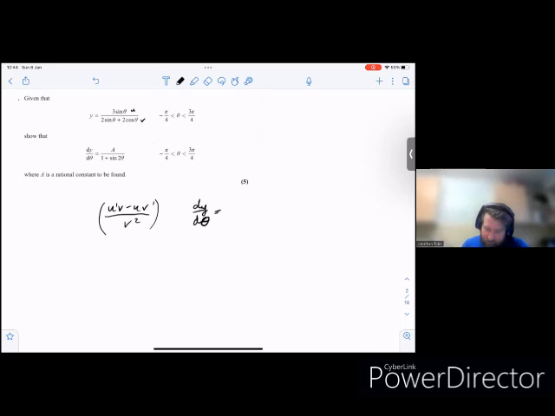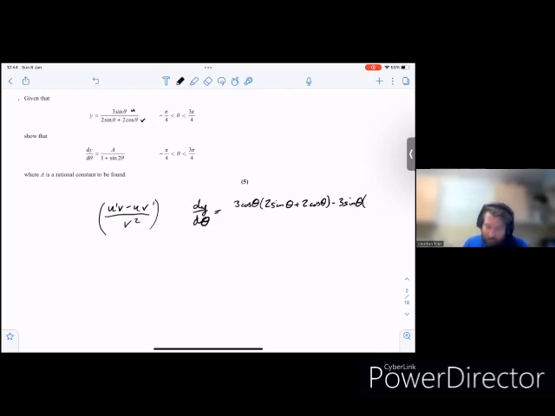So u dash is 3 cos theta. V is 2 sine theta plus 2 cos theta, minus u, 3 sine theta, times v dash.